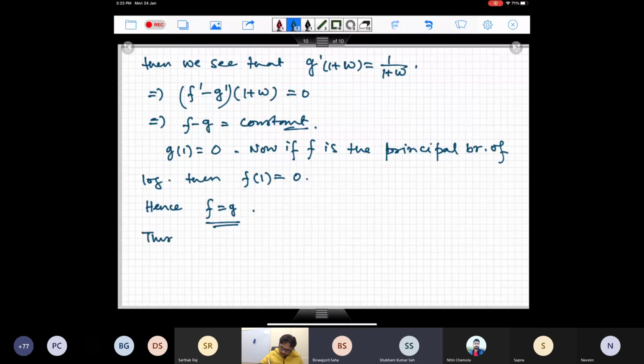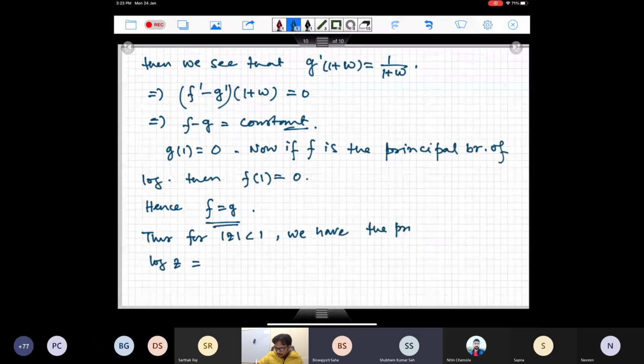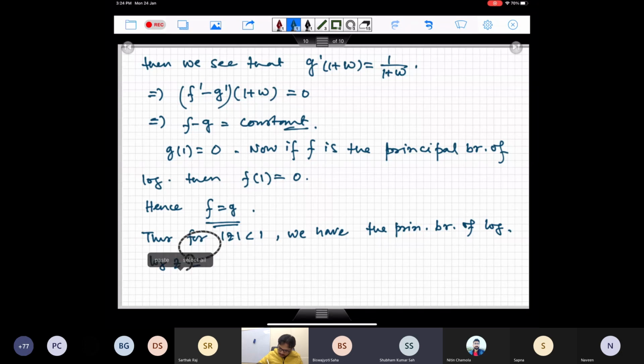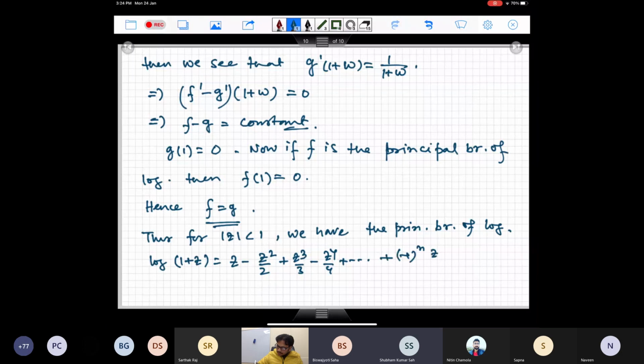So thus for mod of z less than 1, the principal branch of log of 1 plus z is equal to z minus z square by 2 plus z cube by 3 minus z power 4 by 4 plus and so forth, in general minus 1 power n z power n plus 1 divided by n plus 1, n bigger than or equal to 0.